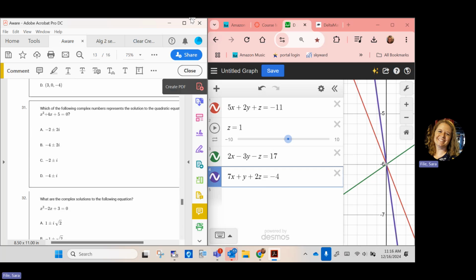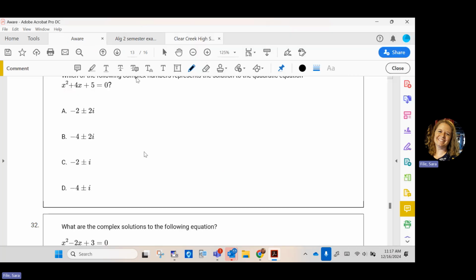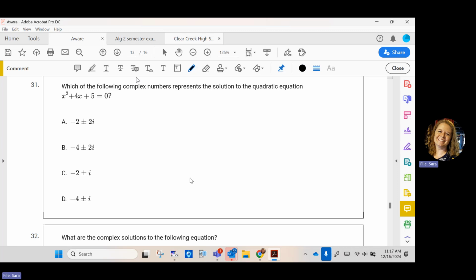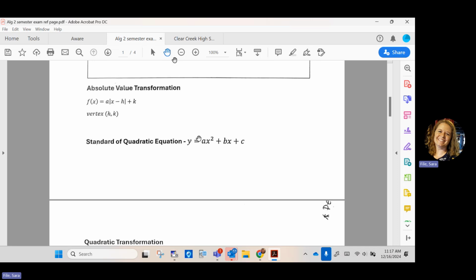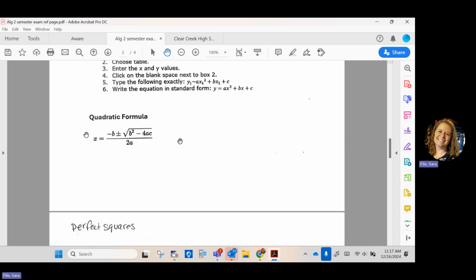Okay, now number 31 is getting into our most recent unit, 5B, with complex numbers. Okay, so on your reference sheet, let's see where it is so I can point it out to you. There, quadratic formula. This is what we have to be able to use. Okay, and remember that it's ax squared plus bx plus c.